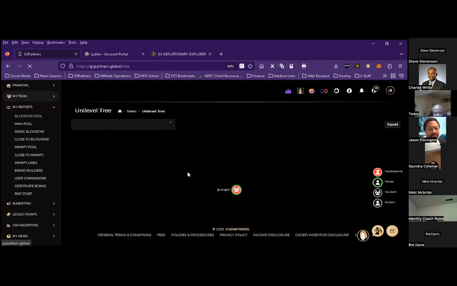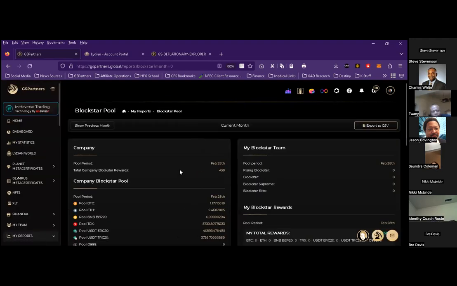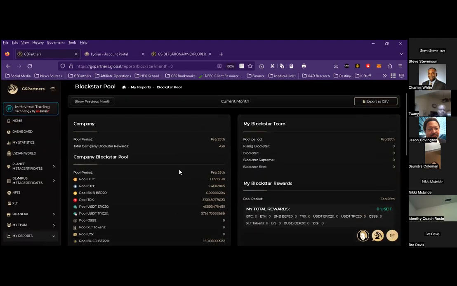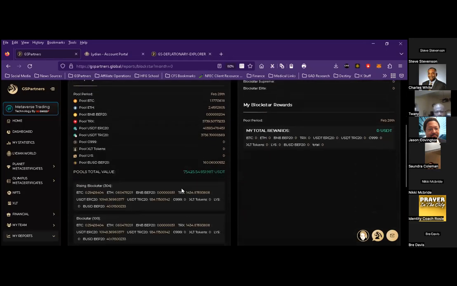Now, it takes a second to come up, but eventually, there we go. Okay. Now they've expanded and really made this thing very streamlined, but you can actually see the rewards in different cryptocurrencies. You can see who in our team is hitting these ranks and what your total rewards will be as well.